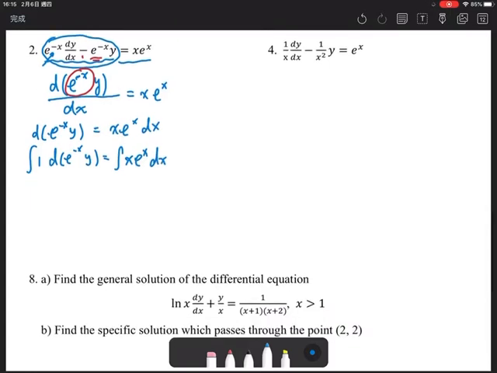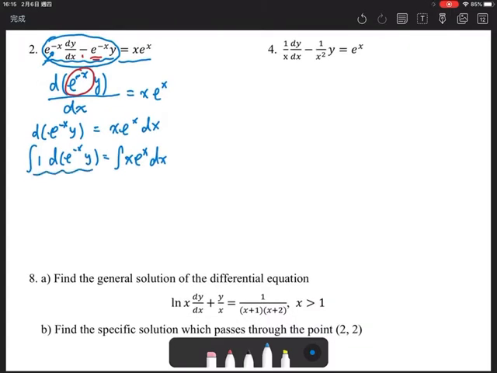Alright, so actually the left hand side is very simple, and look at the right hand side. Here we should use integration by parts, because you see the integrand is a product of two functions, so we use integration by parts to find the indefinite integral.